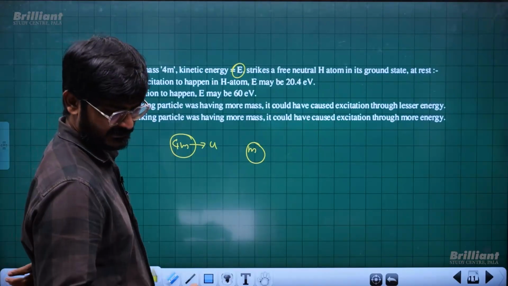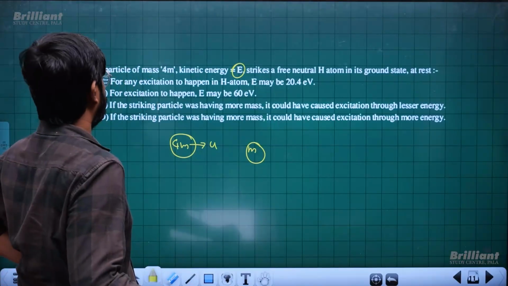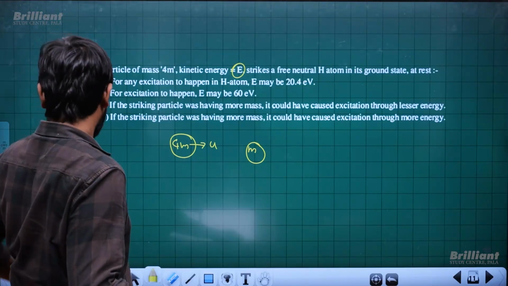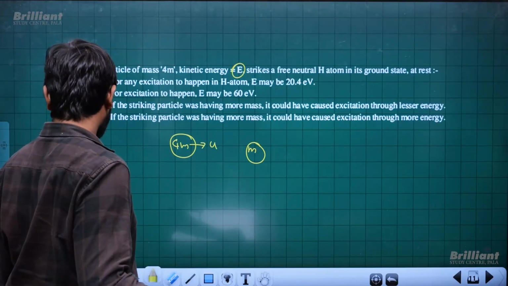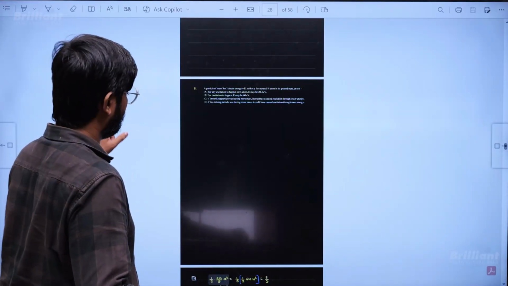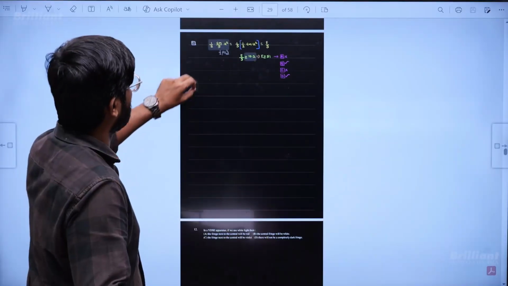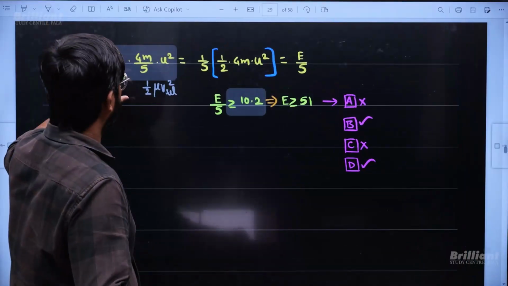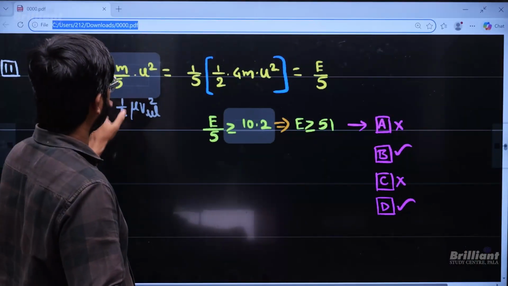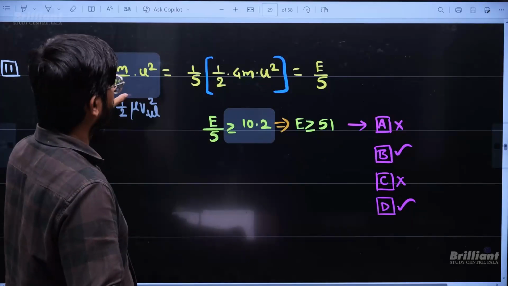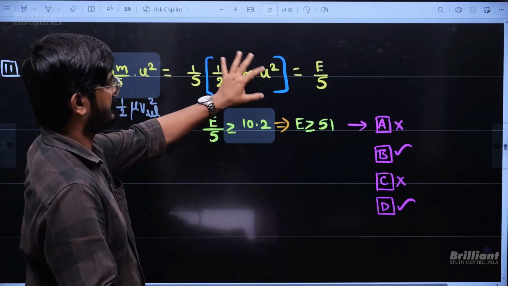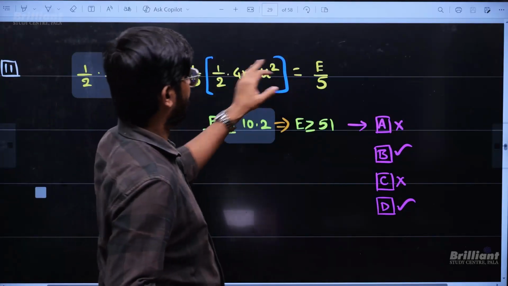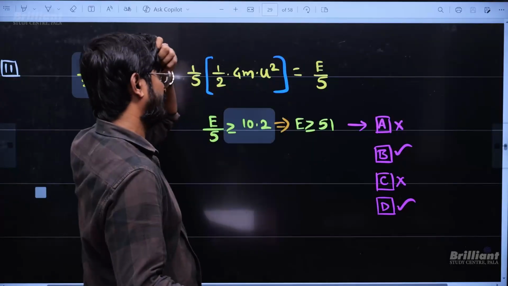I think it has to be given as M. Okay, so the maximum kinetic energy loss that can happen is in a perfectly inelastic collision, which is half mu V relative square. So the maximum energy loss that can happen is this much. But I am taking 1 by 5 out so that I can show you this is given as E. So the maximum energy loss that can happen is E by 5.